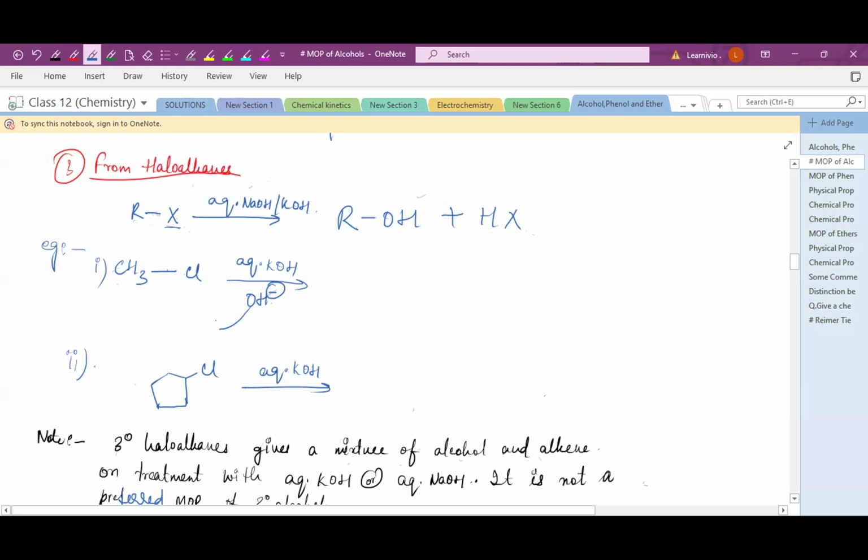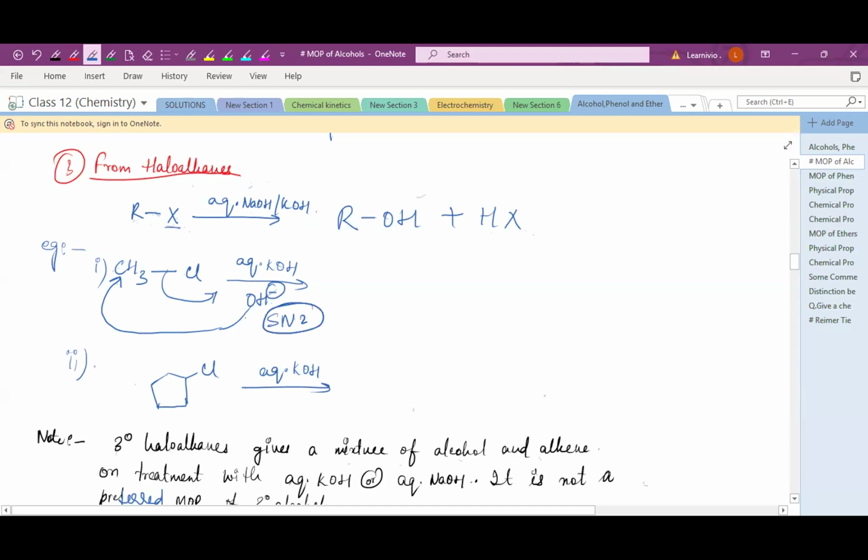So the nucleophile attacks that carbon and at the same time the chlorine, because it's a good leaving group, leaves. So this is an SN2 reaction.